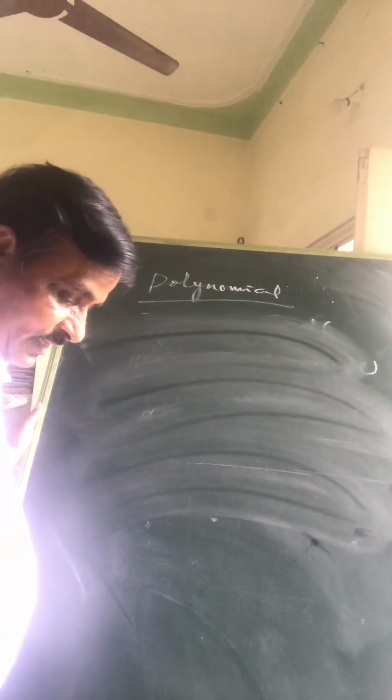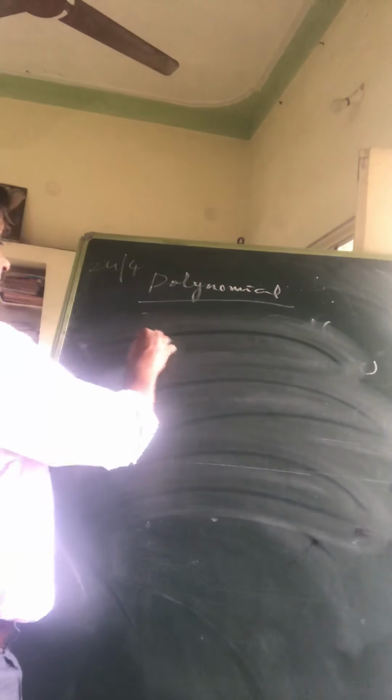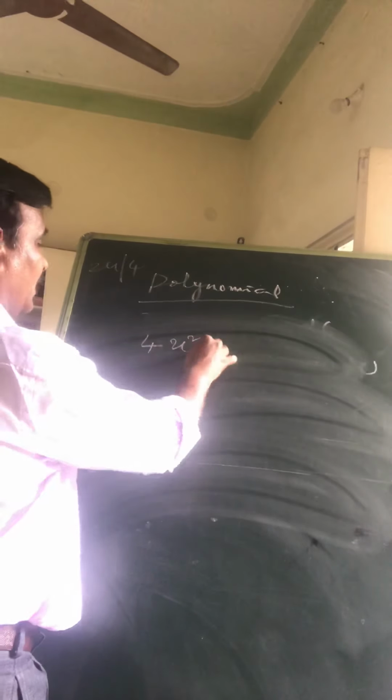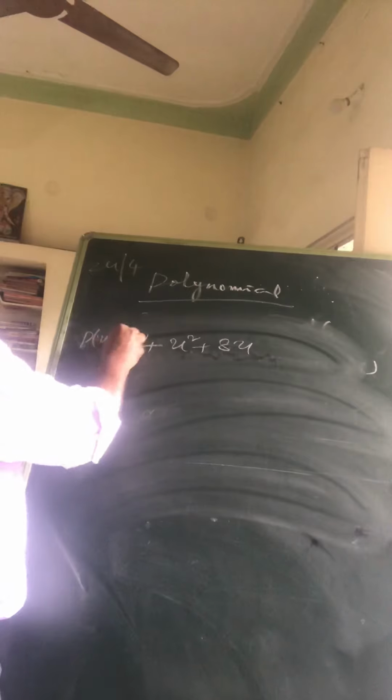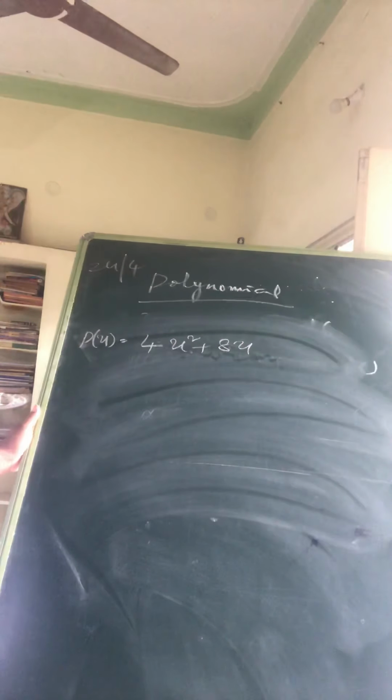Now we can take here 4u square plus 8u. Generally we say that a quadratic polynomial will have three terms, but here in 4u square plus 8u, the square term is there and the u term is there, but there is no constant. But we have to think that the constant is there, that is 0.